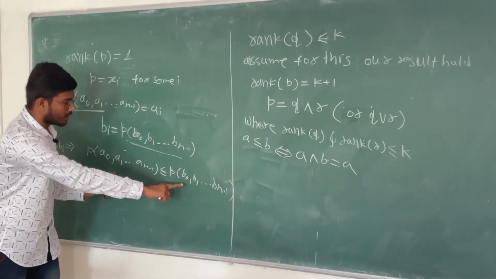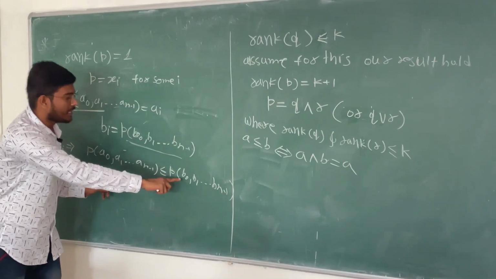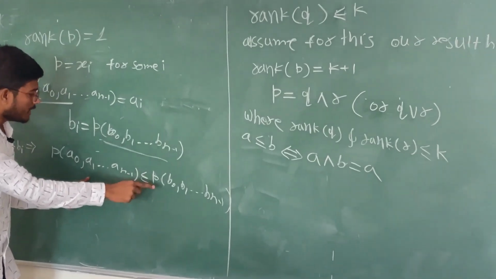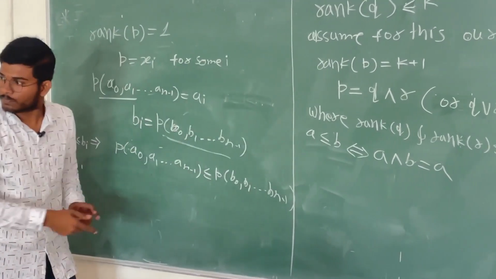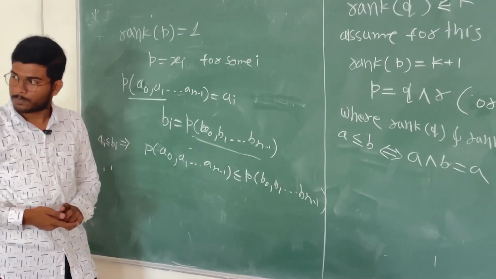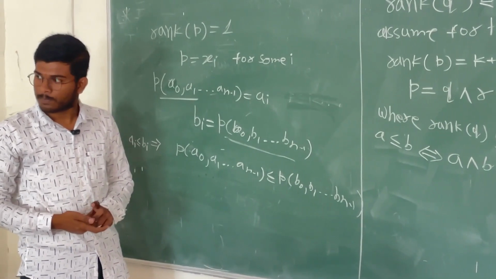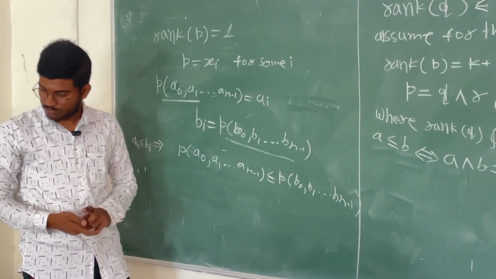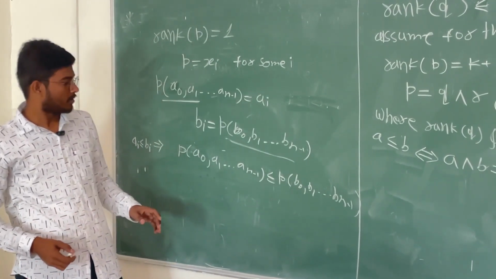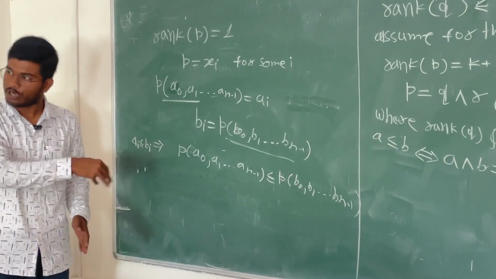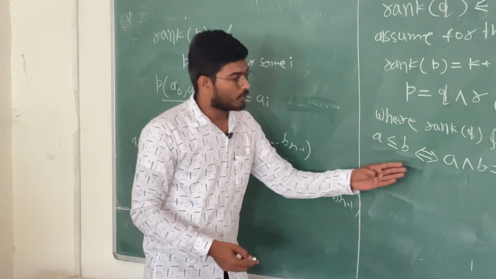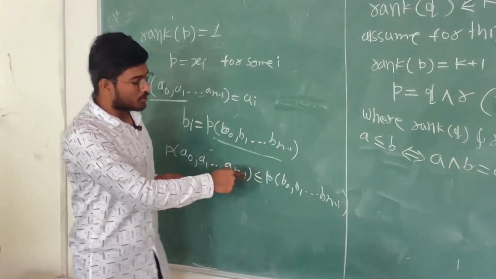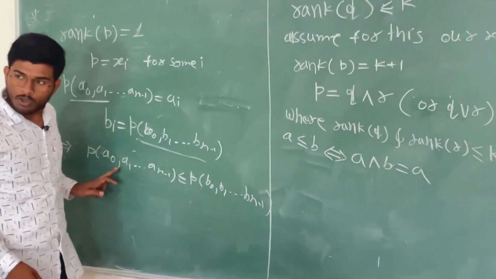Now if I take the meet of these two and show that the meet is this, then obviously this will be less than or equal to this. It is not a polynomial now because you are substituting. It is a value belonging to the lattice. Is that clear? It is not a polynomial. P of a0 up to an minus 1 is a value, where we put a0 in place of x0. So we will take the meet of these two and show that this will hold.